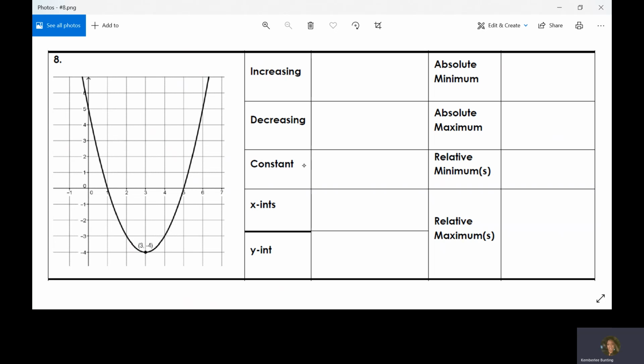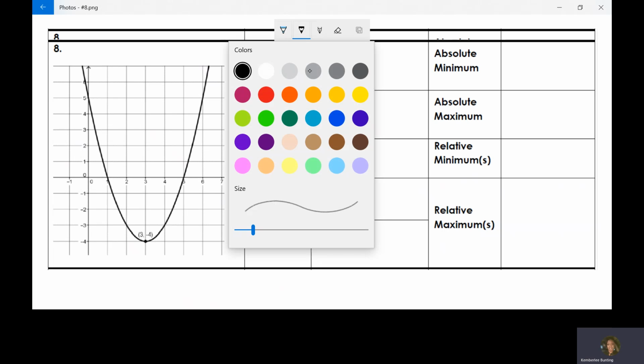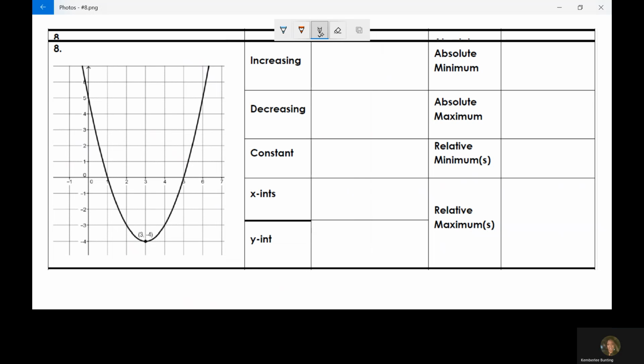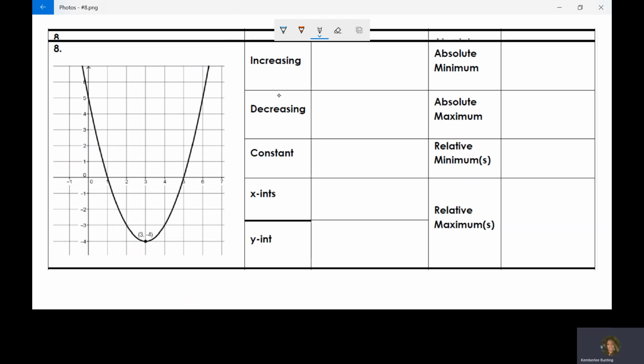But is there any constancy on this graph? None. Come on, what are you doing? Hold on, sugar, hold on. Let me set this up so I can focus on you, okay? Okay, talk to me.